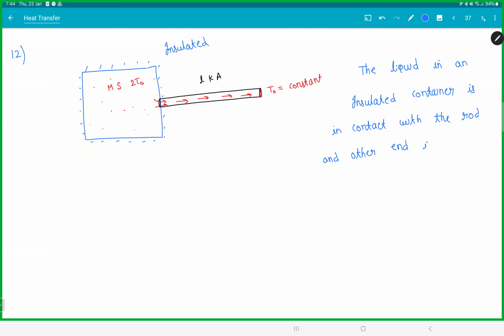The other end is maintained at T0. Find the temperature of the liquid at time t. Any guesses? Meaning, if this question comes in the exam, how do you guess? There'll be 4 options. How do you see the options and guess?